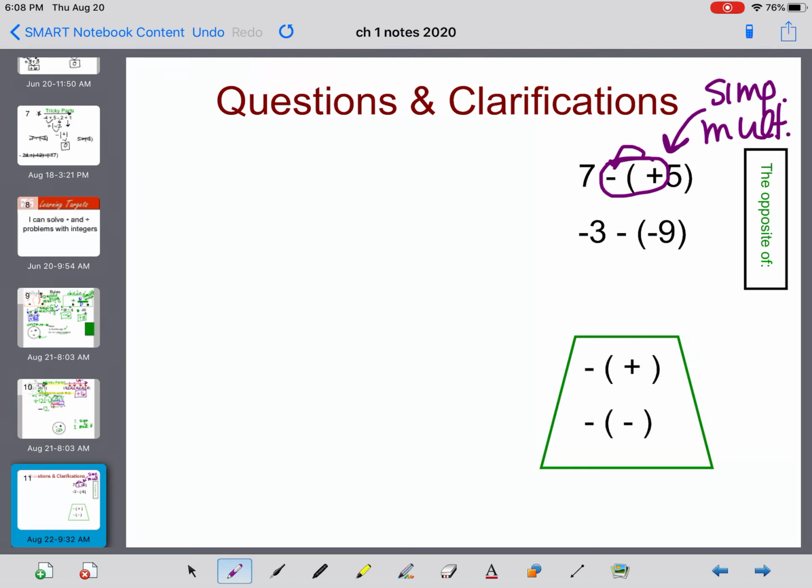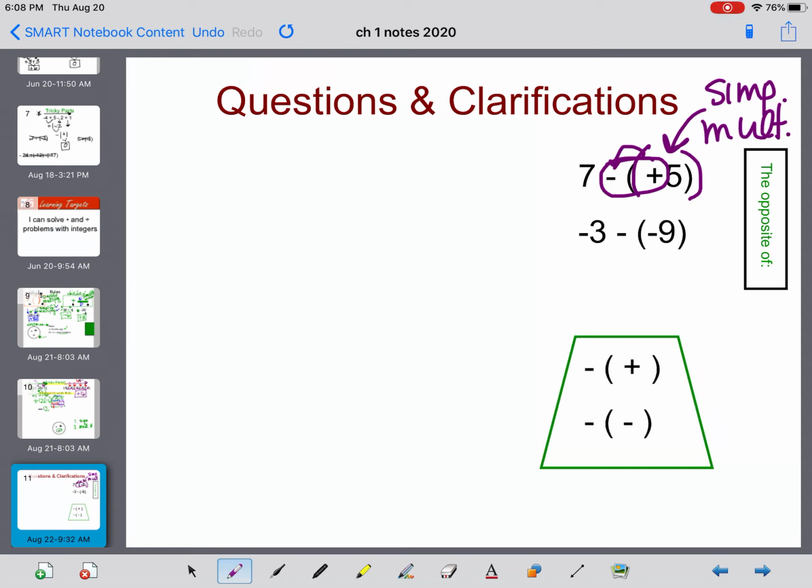This number, this positive 5, essentially has 2 signs, 2 different signs, right? This is a minus positive 5 or a minus plus. And that doesn't really make sense. So what I want to do is simplify this, and I follow the rules of multiplication because of the parentheses in order to simplify it, okay?